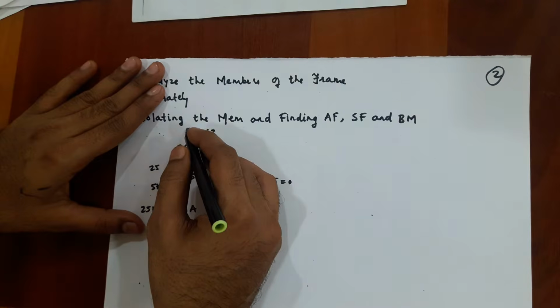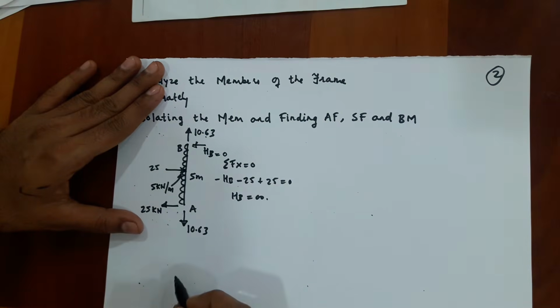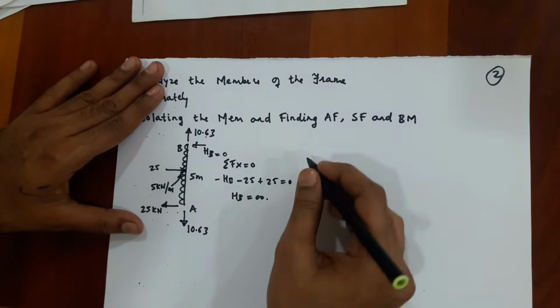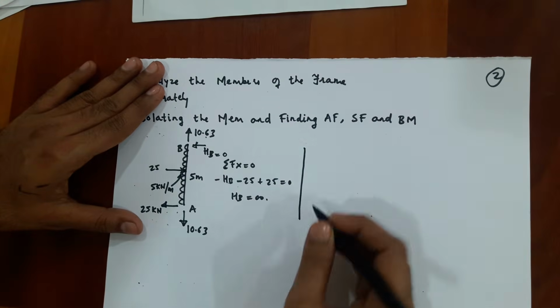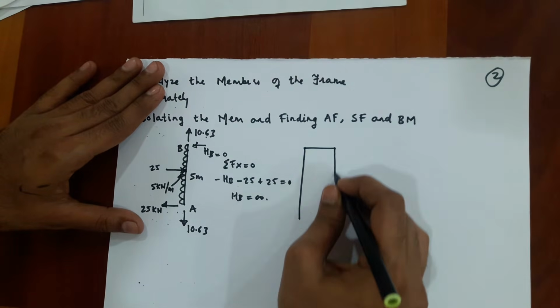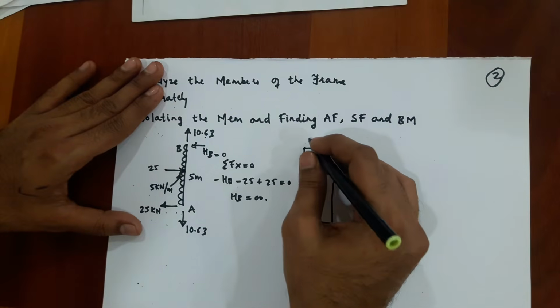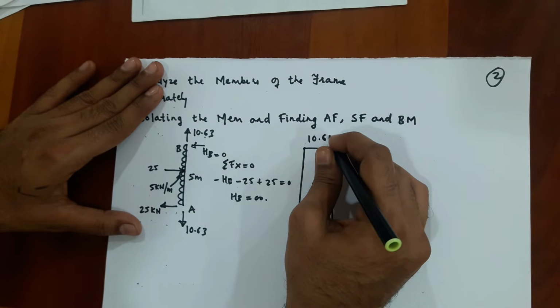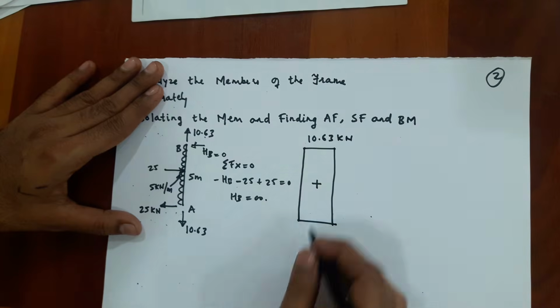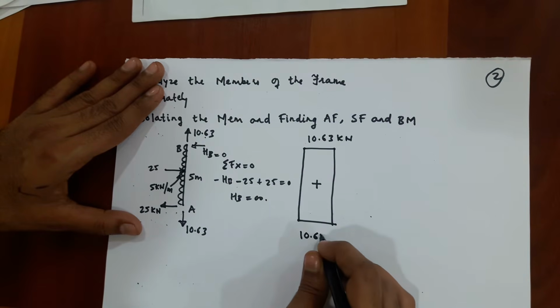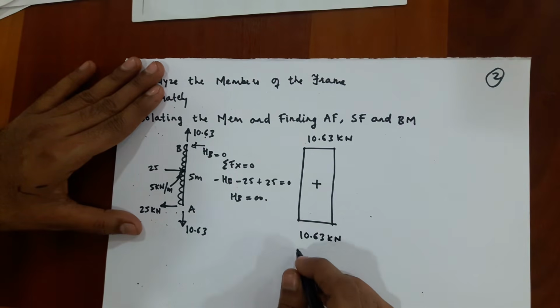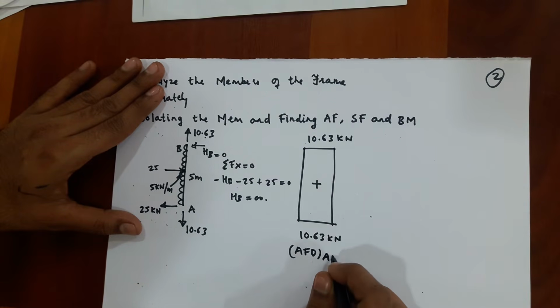And this axial force is constant throughout the member. So here the nature of the axial force is tension, take it positive, 10.63 kilonewton. AFD for member AB.